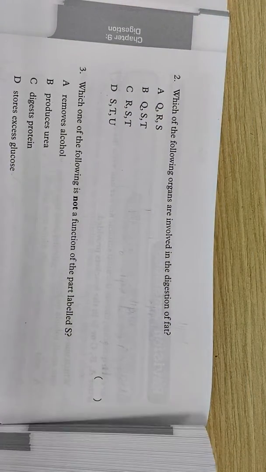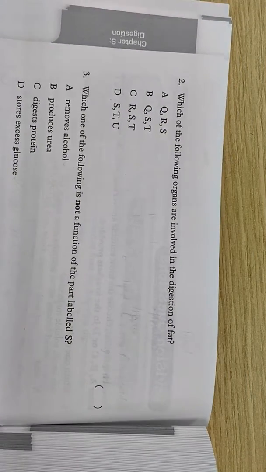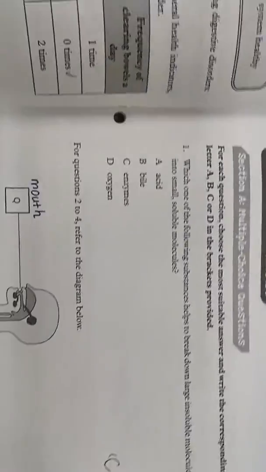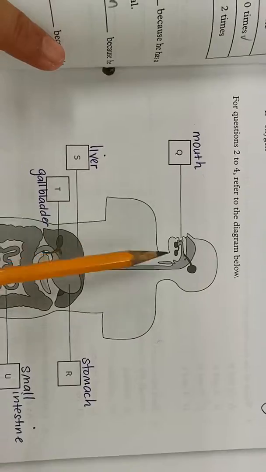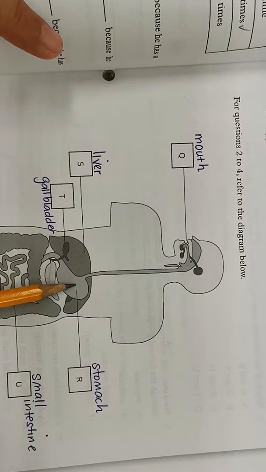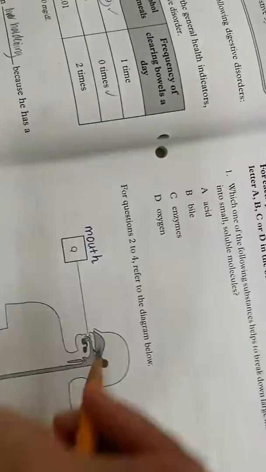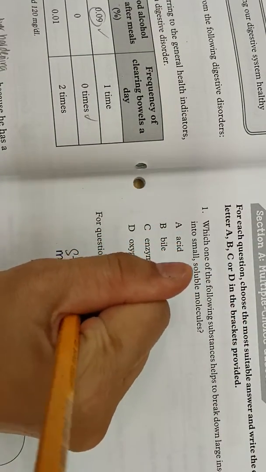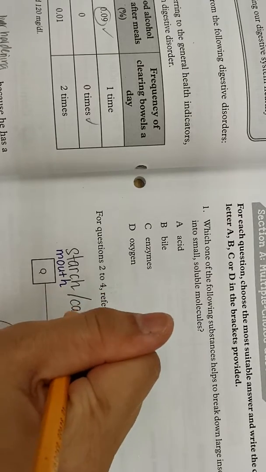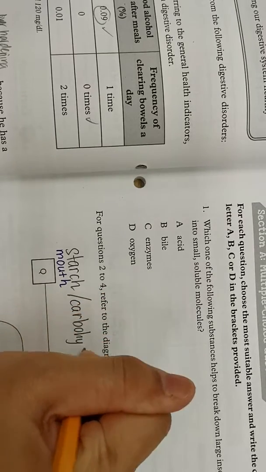And for question number 2, which of the following organs are involved in the digestion of fats? In the mouth, it's only starch. In the stomach, maybe I just write it down. In the mouth, only starch or carbohydrates. You can either say starch or carbohydrates, they're the same thing.